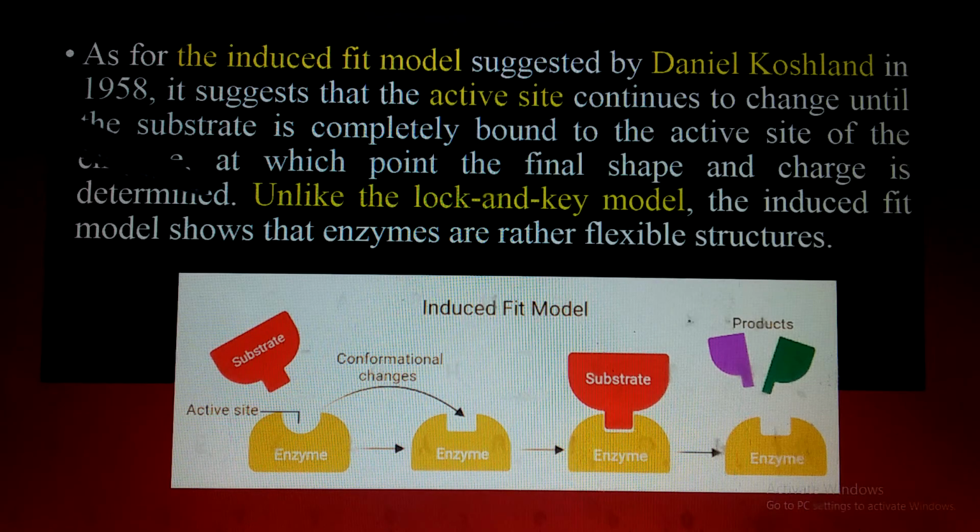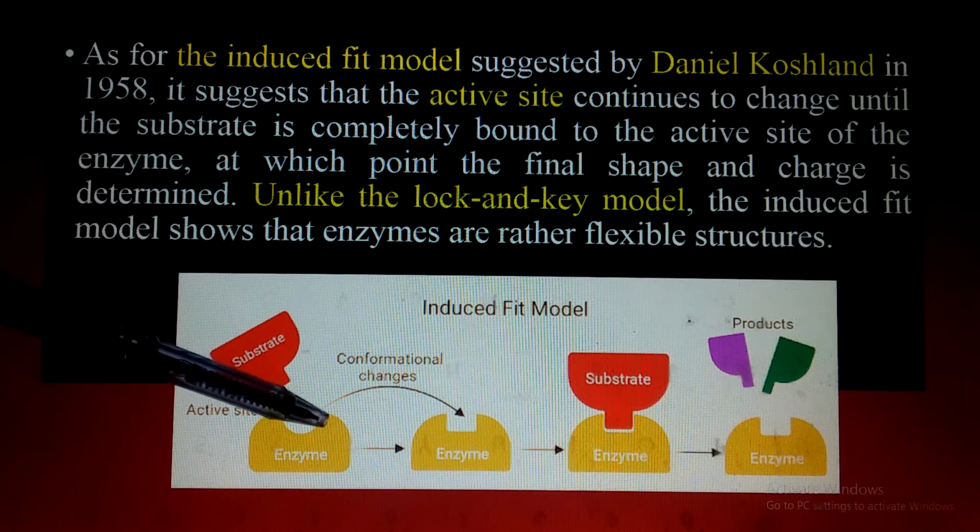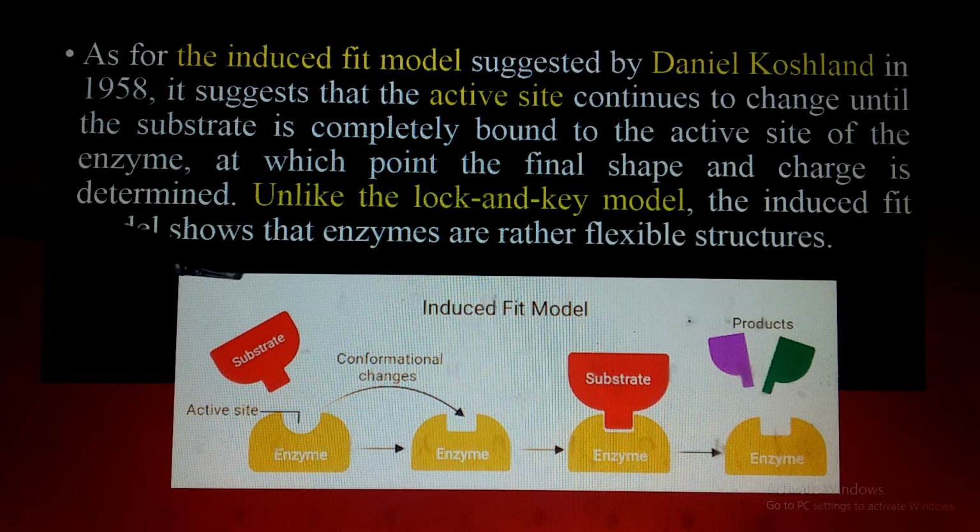This is unlike the lock and key model, according to which the active site is rigid and does not change during the chemical reaction. But as we are familiar, when the substrate binds to the active site, it undergoes chemical changes. The bond is formed between the substrate and the enzyme, and that is the covalent catalysis, which I have discussed in my previous lecture.